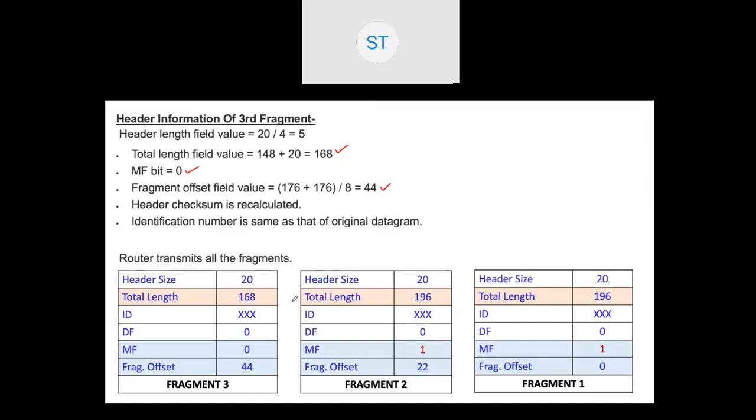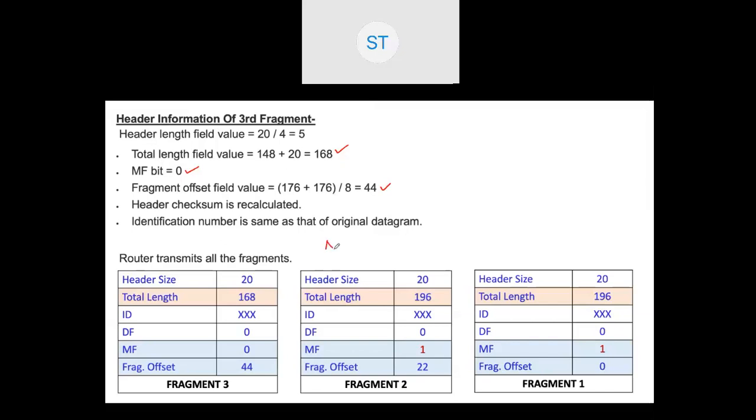Now, what is the formula for overheads in the fragmentation? Can you calculate the generic formula for overheads? So if fragments are n, yes, very good.